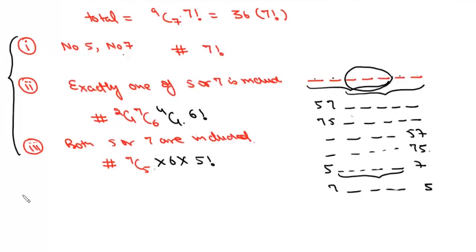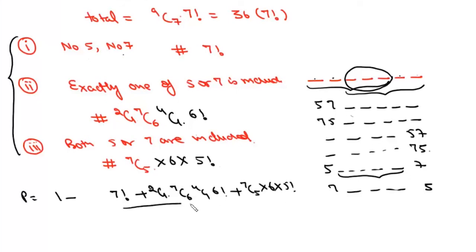So this probability will be 1 minus, now this is factorial 7 plus 2C1, 7C6, 4C1, factorial 6 plus 7C5 into 6 into factorial 5, divided by 36 factorial 7.